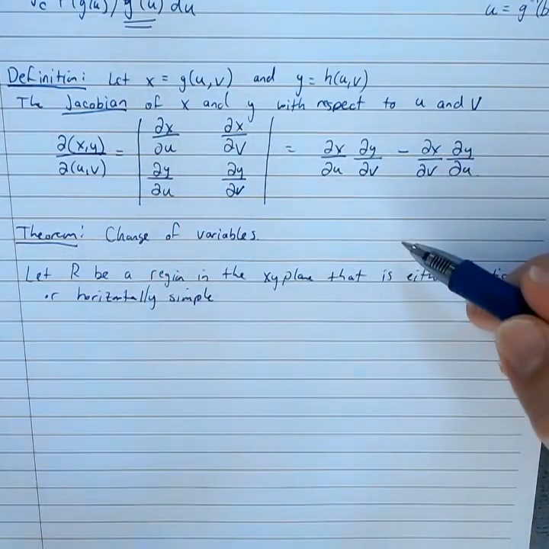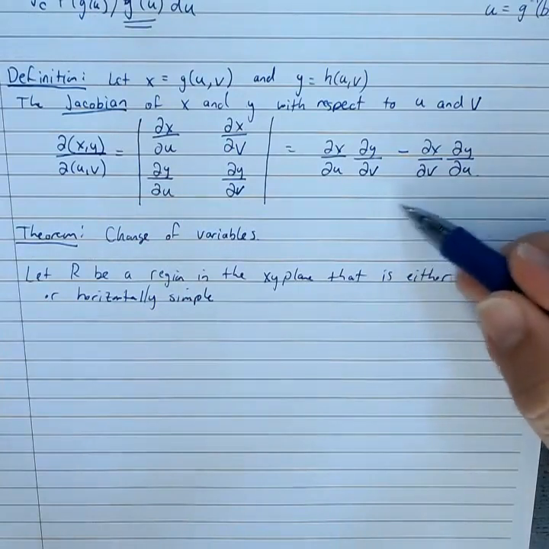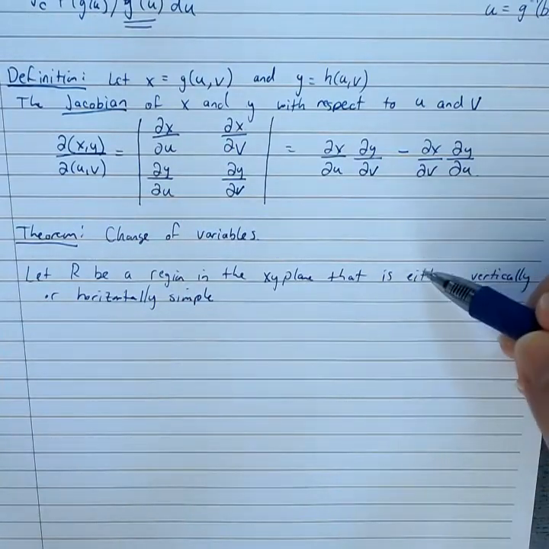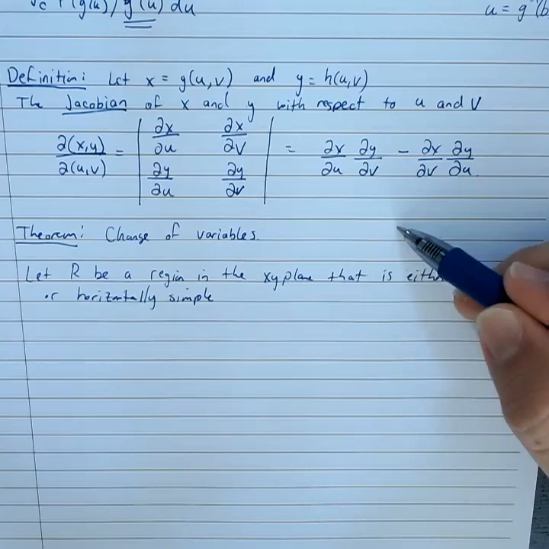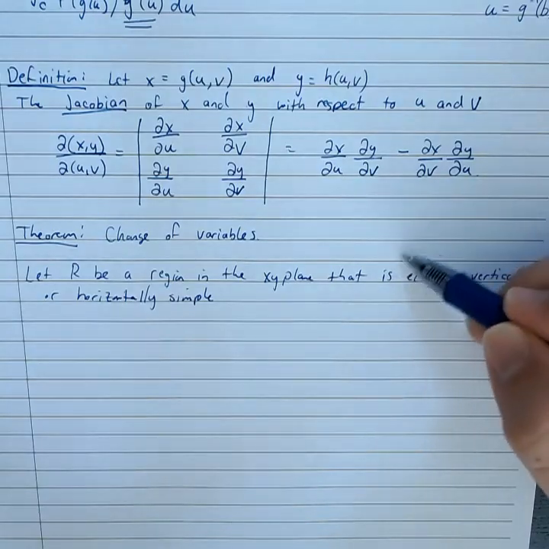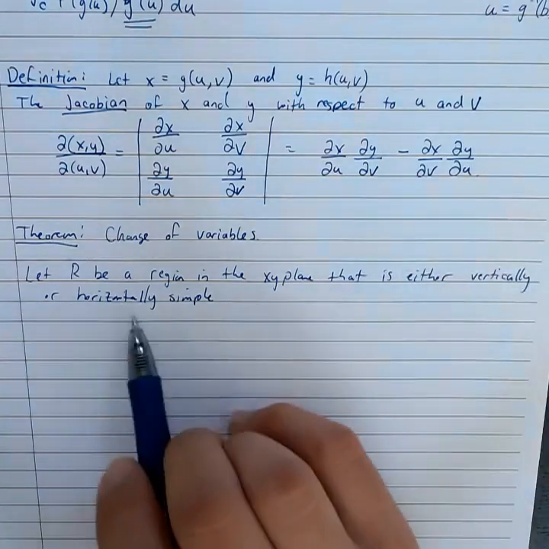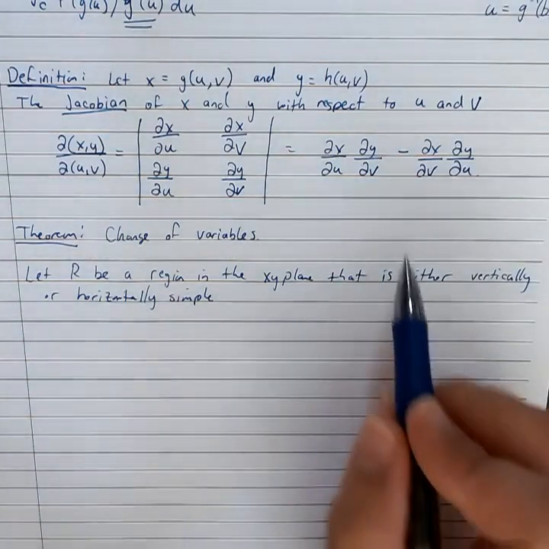Remember what that means. If it's vertically simple, that means the top and the bottom are flat. If it's horizontally simple, it means the left and the right are flat. All right? And that's all we're saying. We have at least one side which is nice and flat.